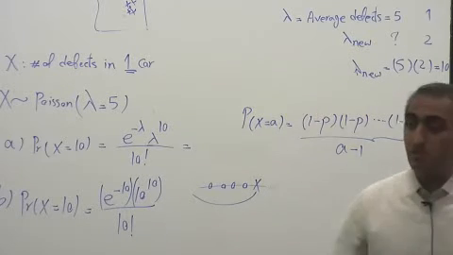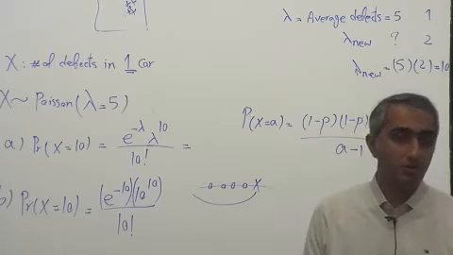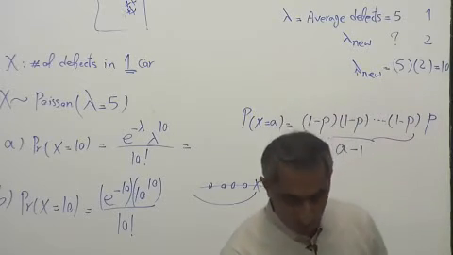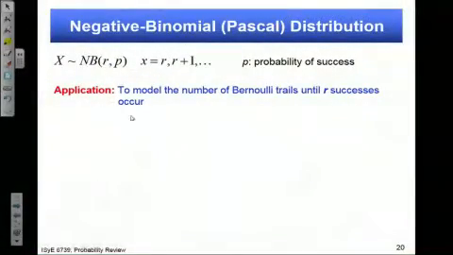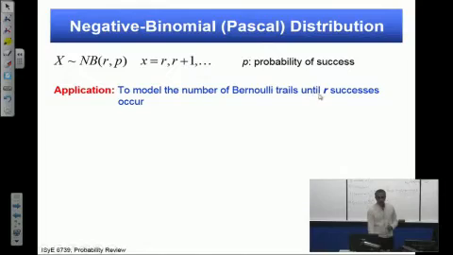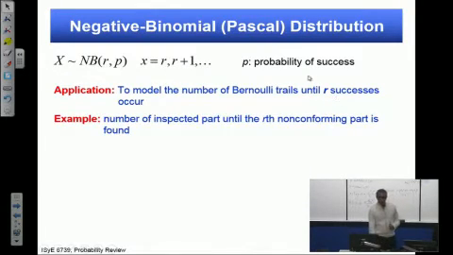Then the whole number of experiments follows a negative binomial distribution. So again, it models the number of Bernoulli trials until r successes occur. Example: the number of inspected parts until the rth non-conforming part is found. Does it make sense? So it has 2 parameters.